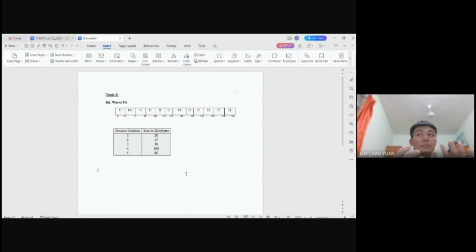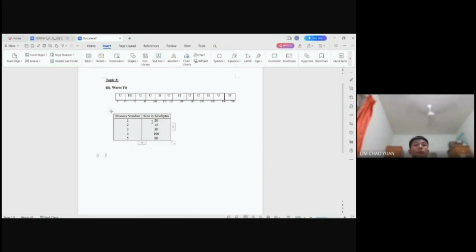With worst fit, when we find the value of the hole, we must choose the biggest hole number, and we fill in the value of P. For example, if the two number values are the same, say P2 is 25 and P3 is 25, we must see back at this table from left to right, and again from left to right, and fill in the value. Okay, so we must start our part.